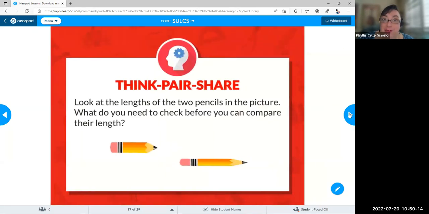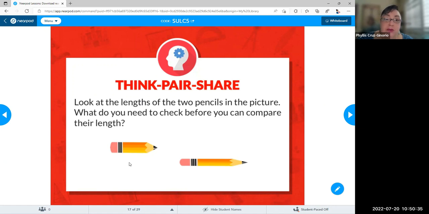Okay, so you'll notice that this is like the French fries. They did not start them at the same place, at the same line. If you were to draw an imaginary line right here, you'll notice this guy, the pencil at the bottom, has a head start.